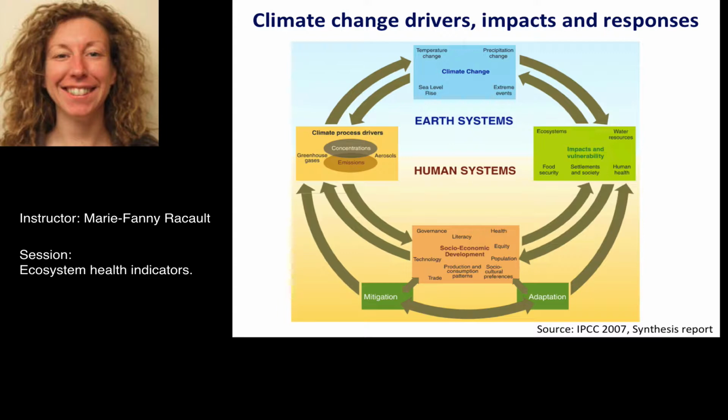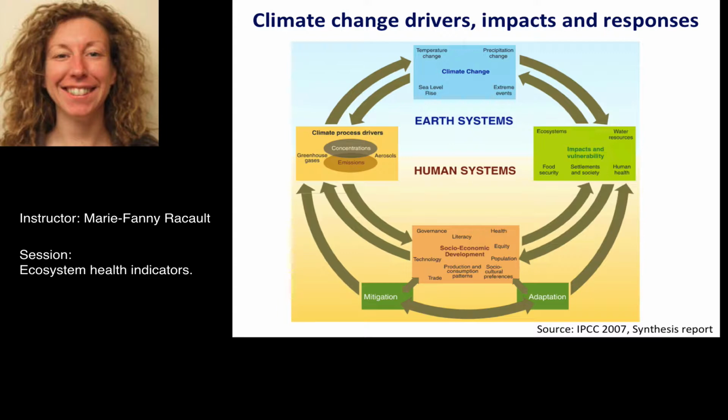Of course, the temperature of the ocean is going to change. The acidity of the ocean, the pH of the ocean, is changing. To give you some examples of the changes in the ocean. And of course, this will have an impact on the ecosystems, so they will respond to these changes.